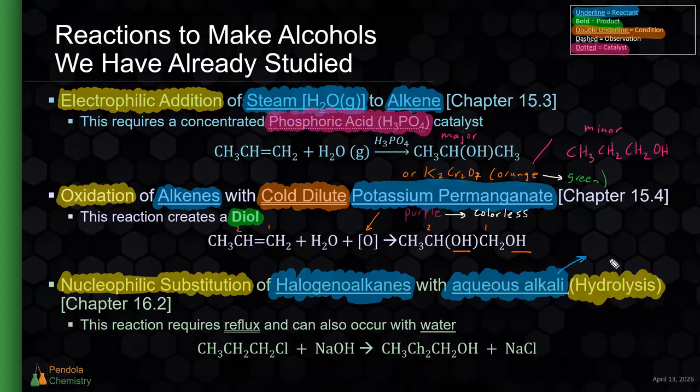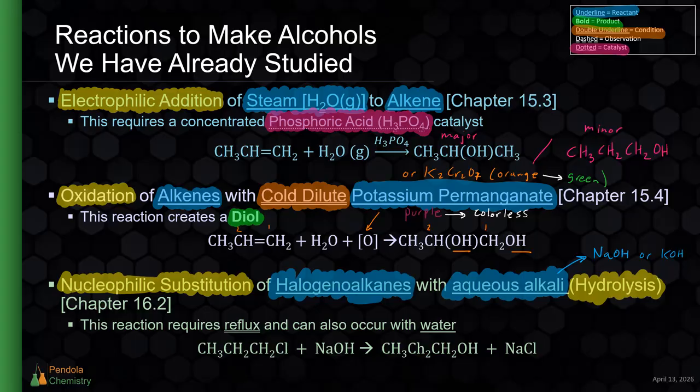So our two common alkalis will be NaOH or KOH, both of those will be very common alkalis to use. But if we react these with a halogenoalkane, what we essentially get is a substitution reaction where the halogen gets substituted with our hydroxide ion, which will create an alcohol.